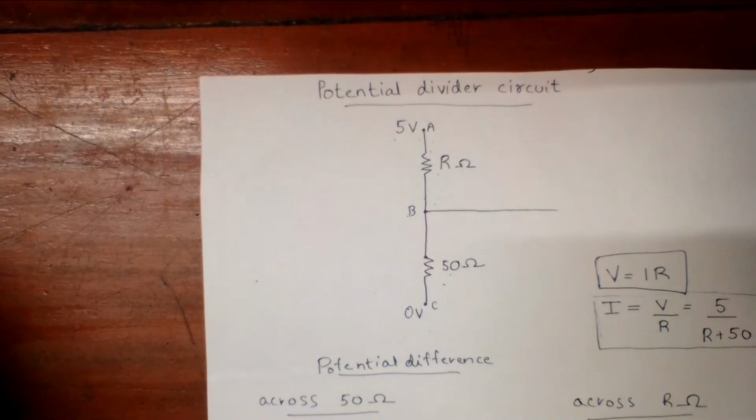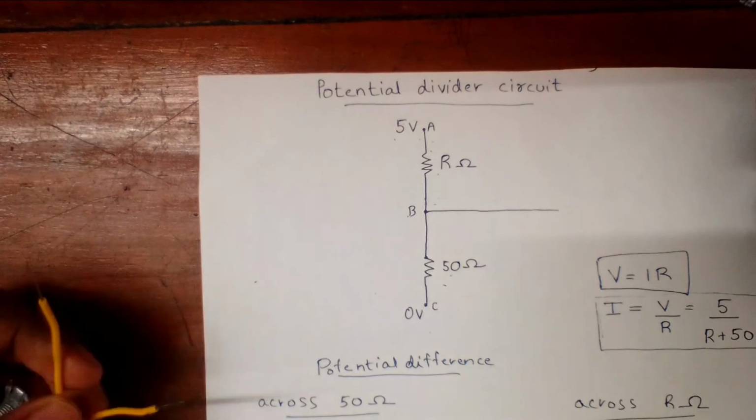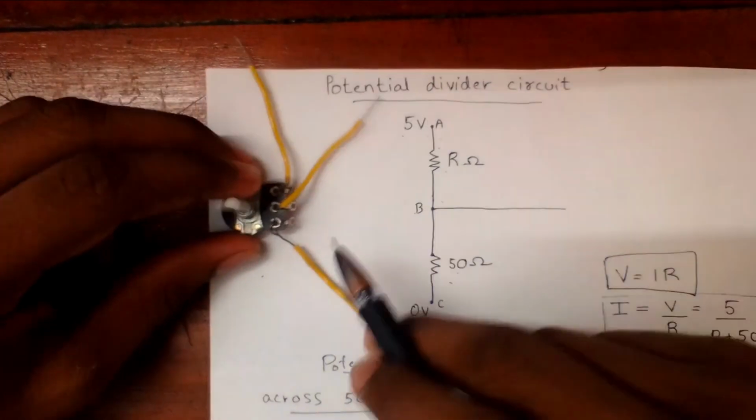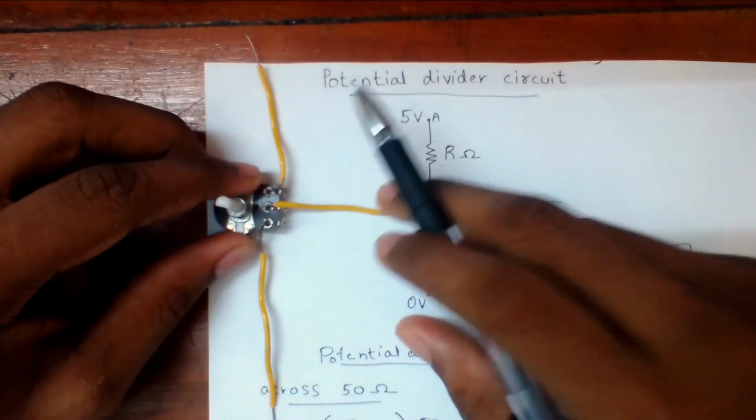So that's the potential divider circuit. So what's the use of it? You could see this is pretty much like the diagram I drew.